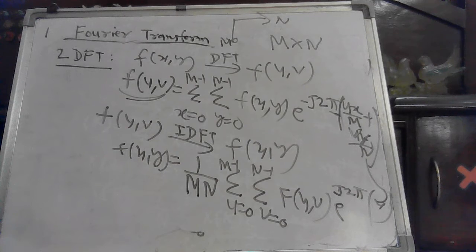So let's see that diagram. Now you see this diagram. In the given signal diagram, you can draw like this. You have f of x, y. Input is like this, spatial domain.